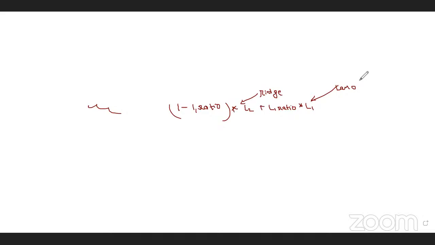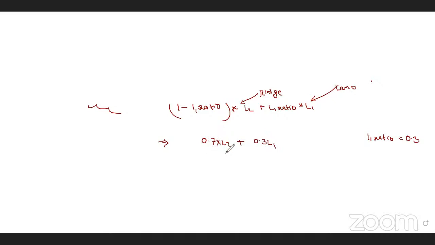In the formula we mention either the L1 ratio or the L2 ratio. Let's say the L1 ratio is 0.3. It converts to 1 minus L1 ratio, so it's 0.7 into L2 plus 0.3 into L1. Now it is your formula.